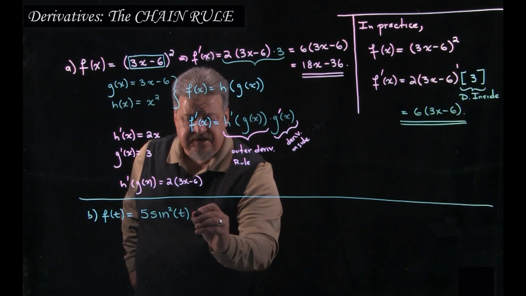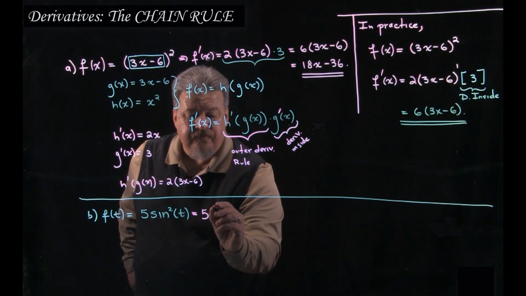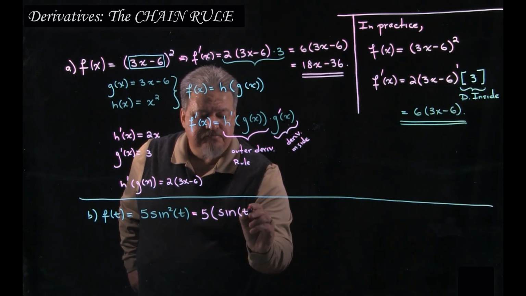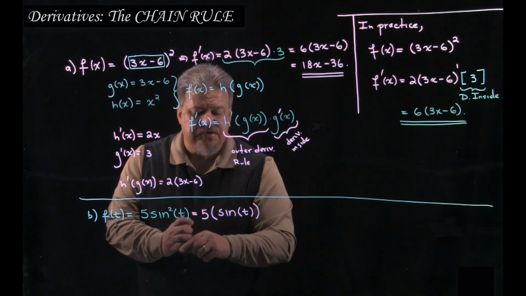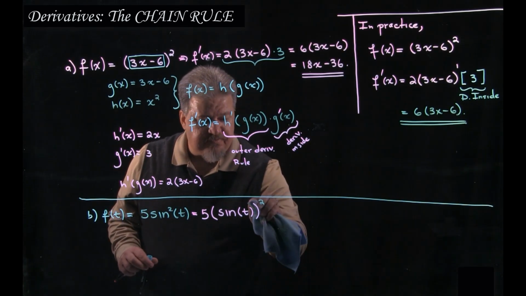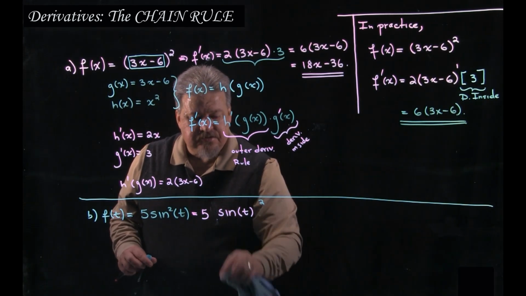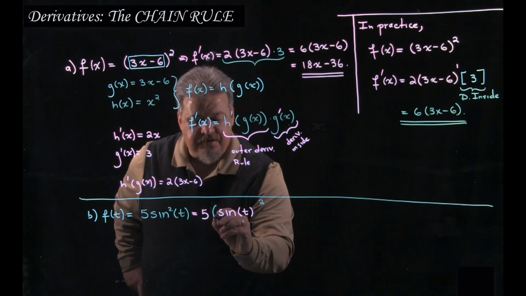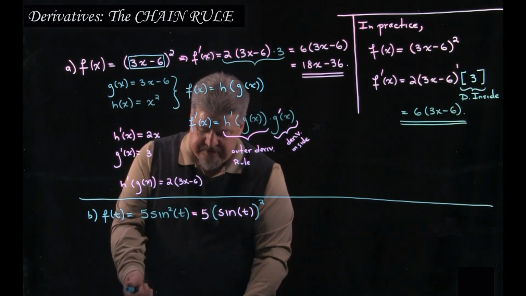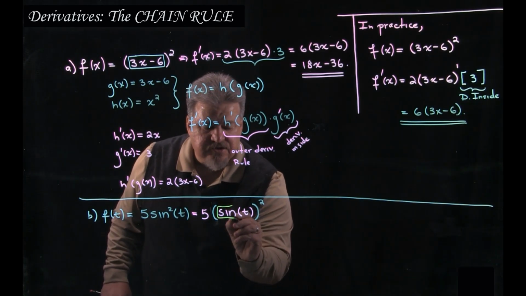But you may not see an inside function yet. So for illustration, I'm going to rewrite the problem this way so we can see the inside function. Maybe for further illustration, I'll change the color of the squaring function. Okay. Now we see a non-trivial inside function.